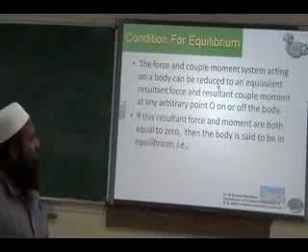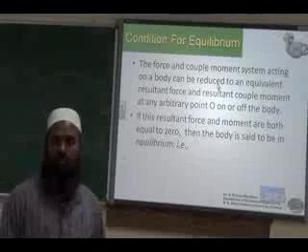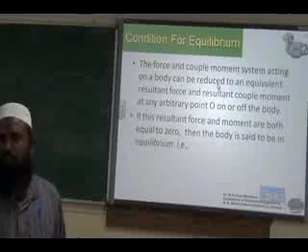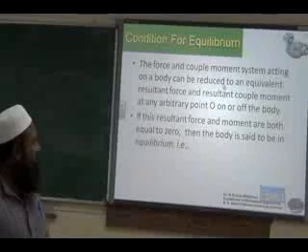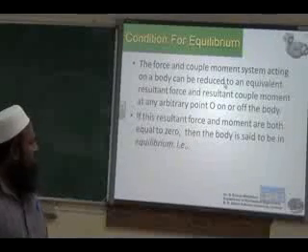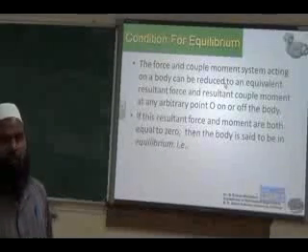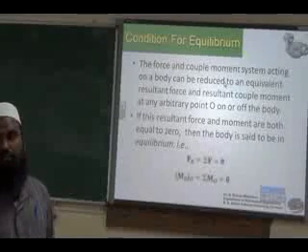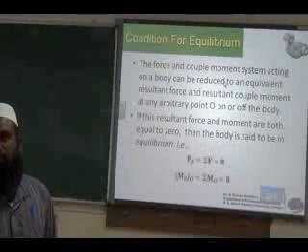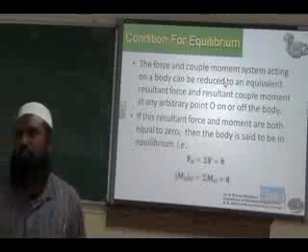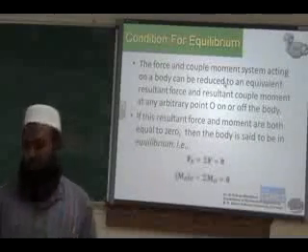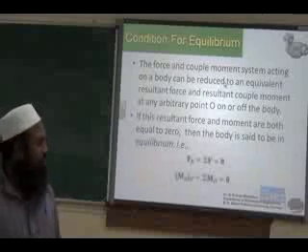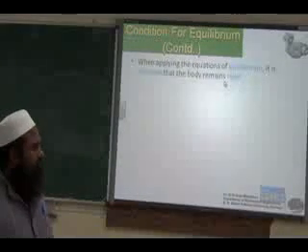We have already converted all the forces acting on the body into a single resultant force, and all the moments into a single couple or moment. So for the body to be in equilibrium, sigma F should be equal to 0 and sigma M should be equal to 0. The net force and the net moment on the system should be equal to 0.